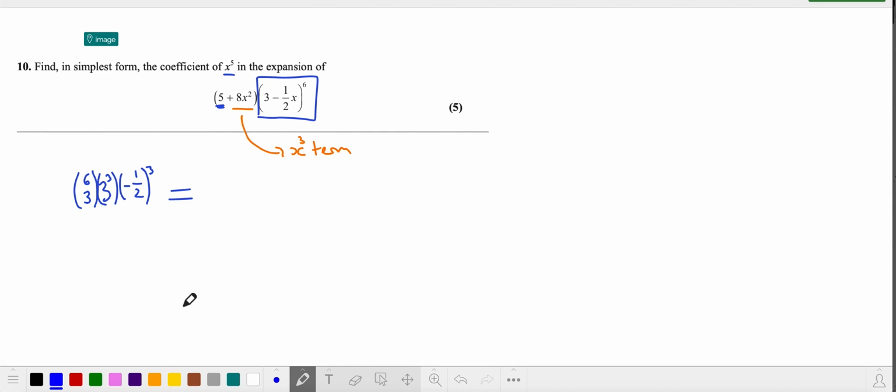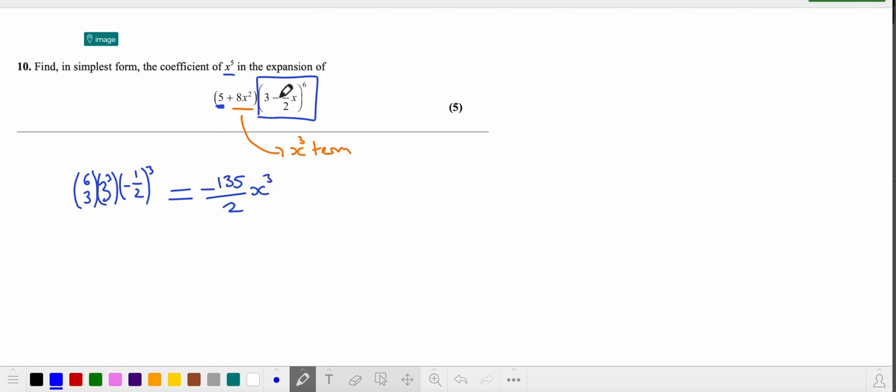Okay. So 6 choose 3 multiplied by 3 squared, no, 3 cubed, multiplied by minus a half cubed gives us minus 135 over 2 x cubed from the expansion here.